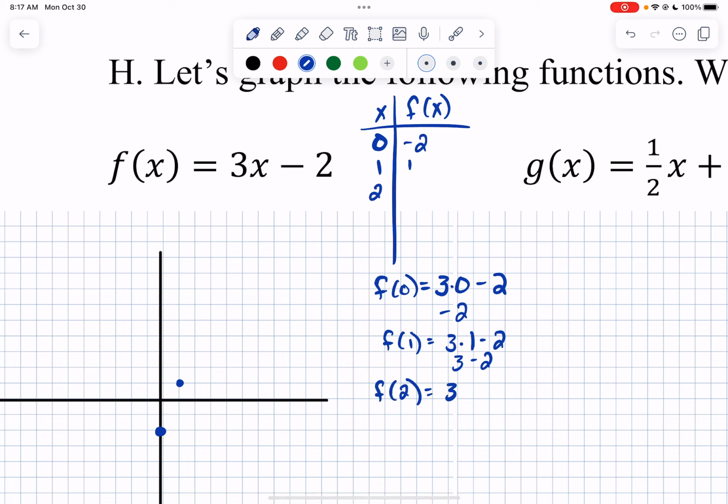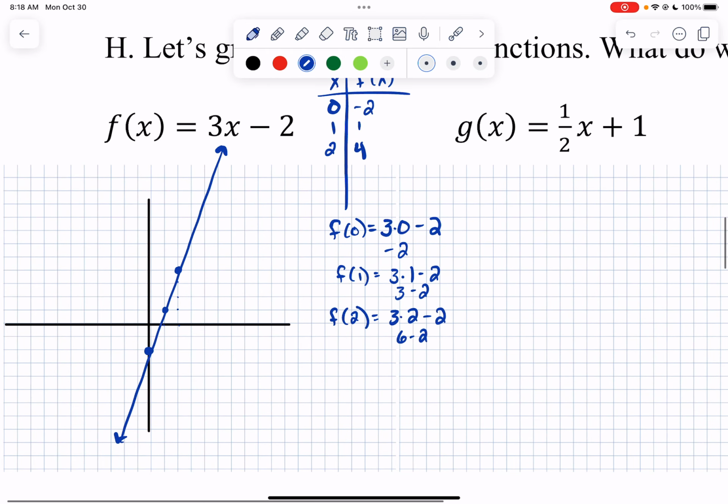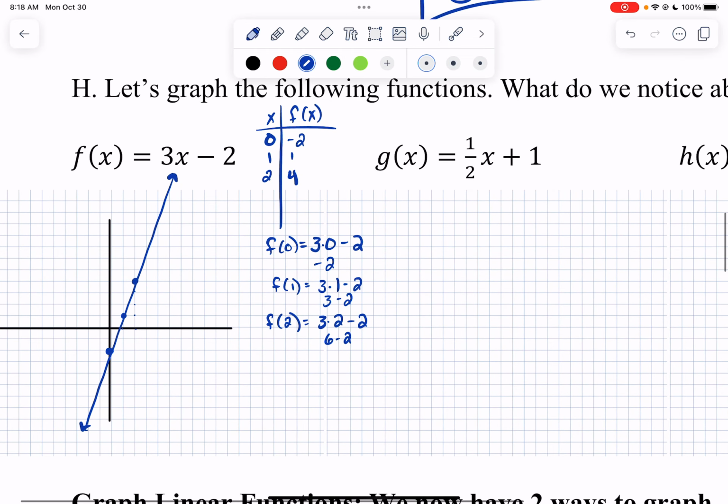Okay. Those look pretty good. They're all in a nice line. So I'm going to do my best to connect the dots. Again, it's hard using a ruler on my iPad, but I'm going to do the best I can. There we go. Pretty close. Okay. So there is my graph. So again, we just plotted points.